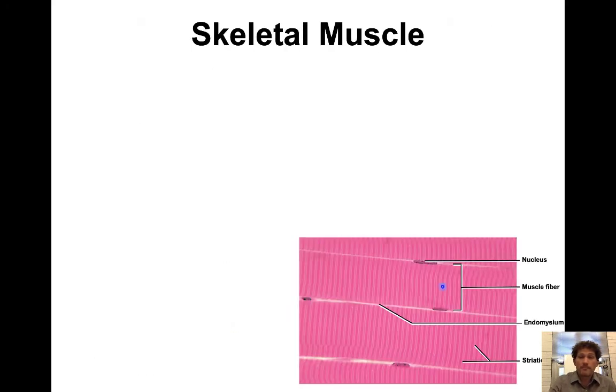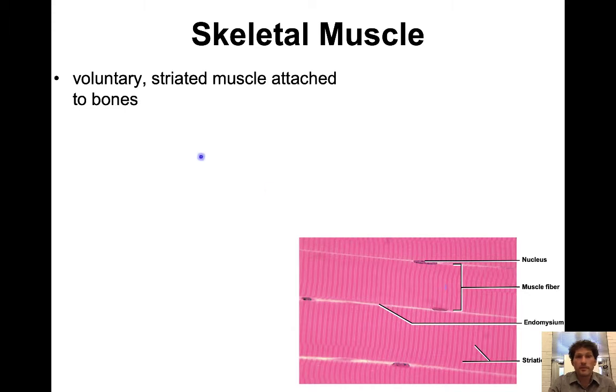Okay, so if we look a little bit closer at our skeletal muscle, remember it's voluntary. We have conscious control over it. We also can have unconscious control with reflexes, but we can then control it, and it's striated in here, so we can see these really nice images of striations.